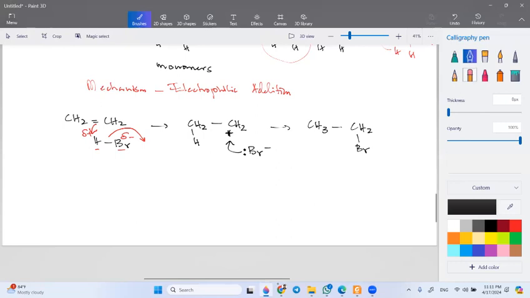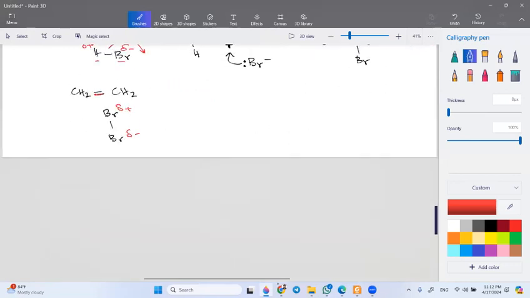When it comes to bromine, bromine has the same electronegativity on both atoms. That is non-polar. But remember, children, when this bromine molecule comes closer to the double bond, polarity is induced. Because the pi bond is rich in electrons, it seems to be negatively charged. So one bromine gets a slightly positive charge, the other gets a slightly negative charge. Polarity is induced due to the proximity of the double bond.